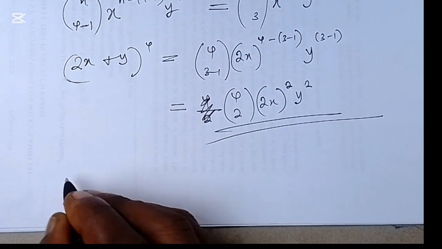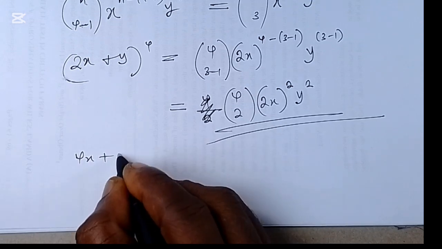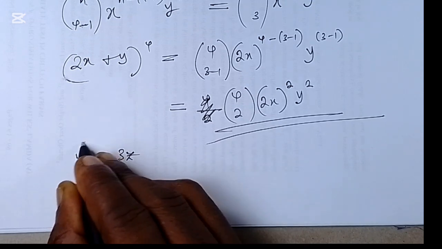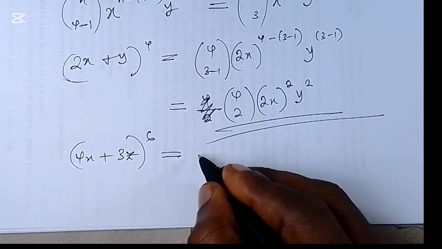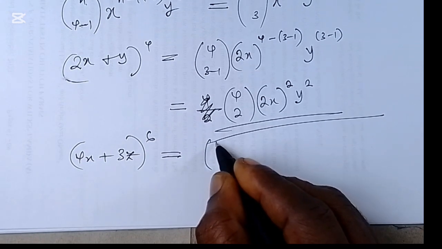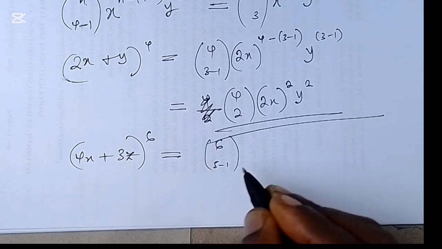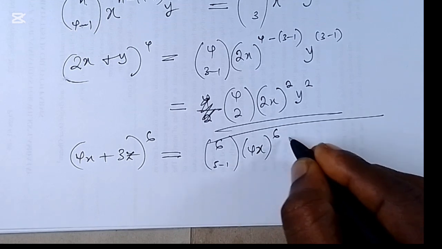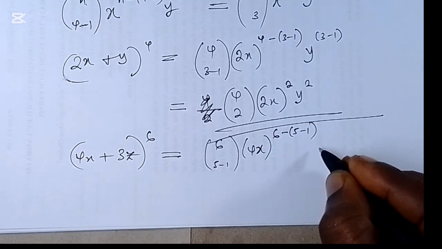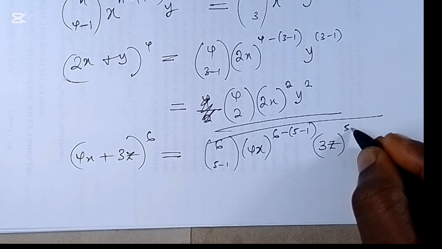Let's try it again. For another one, if you had 4x plus 3z raised to the power of 6, and you were asked to predict the fifth term, the fifth term would be 6 combination. Since you are looking for the fifth term, this will be 5 minus 1, and this will carry 4x raised to the power 6 minus (5 minus 1), and this will carry 3z raised to the power of 5 minus 1.